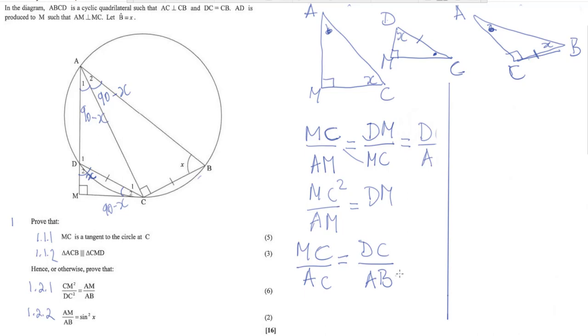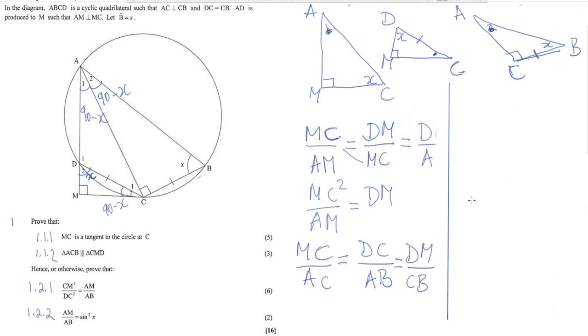All right. So this is exactly what we have here. Then we move to the last one, which is DM, this side, X with a right angle, this side would be CB.